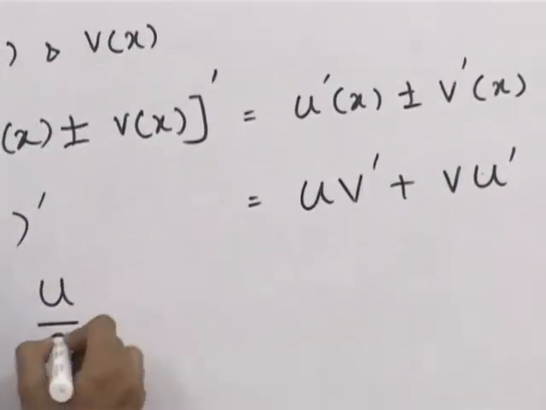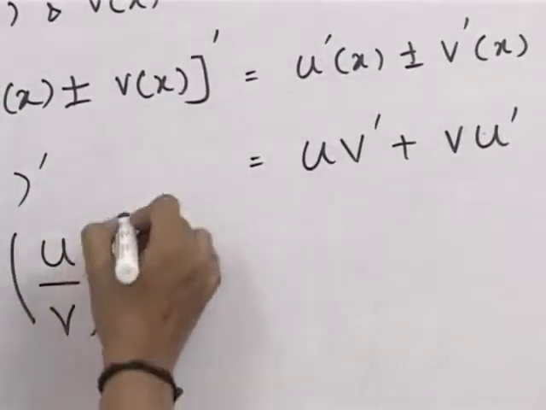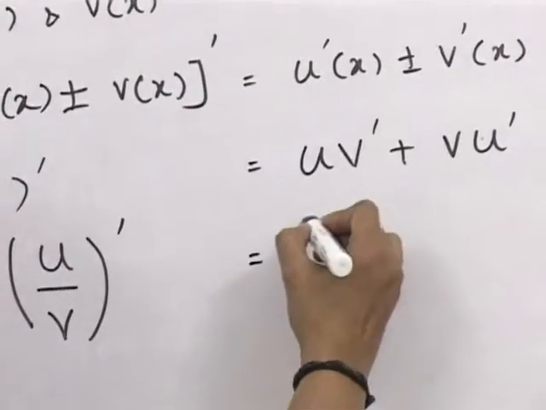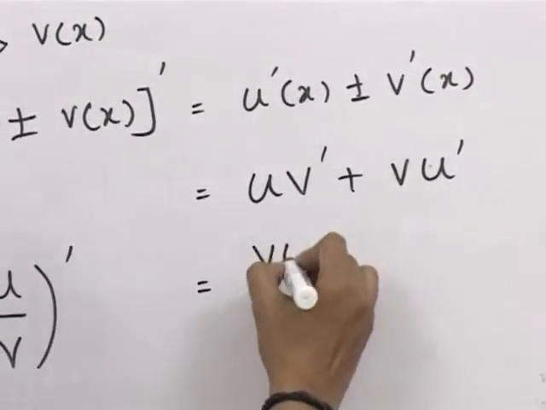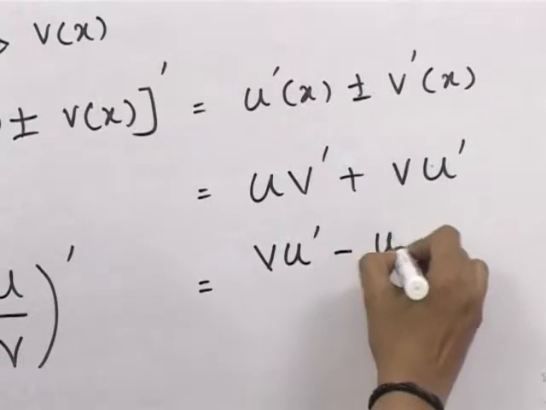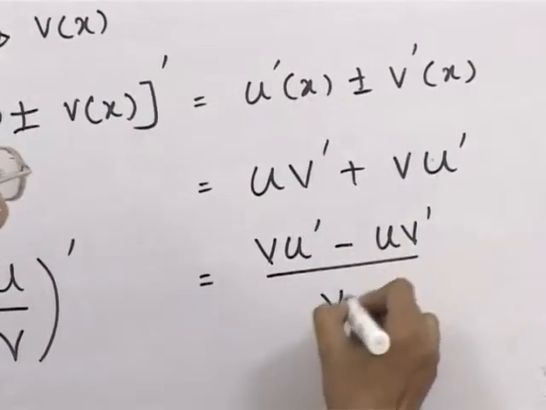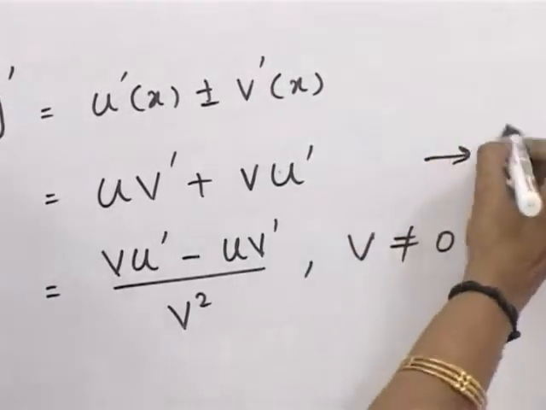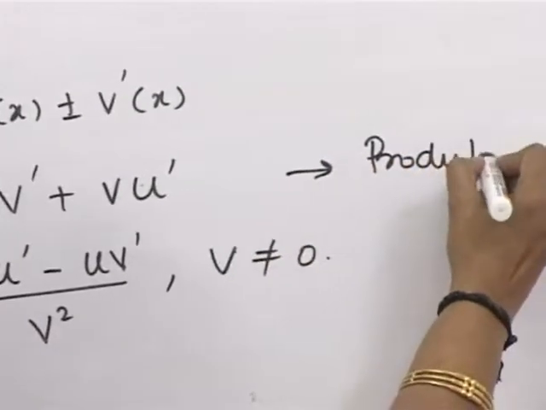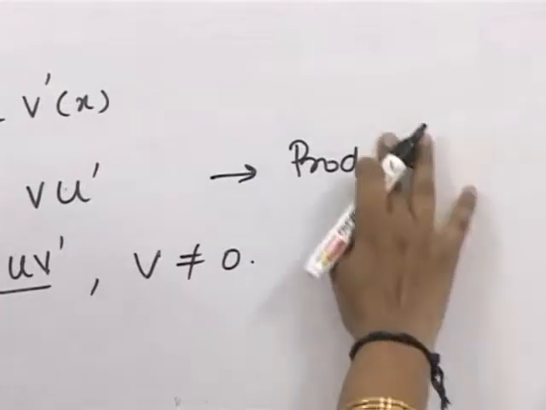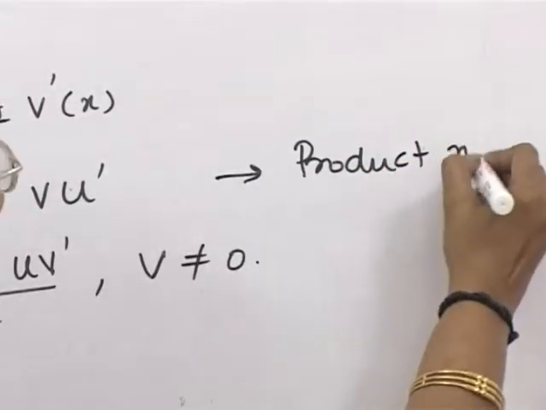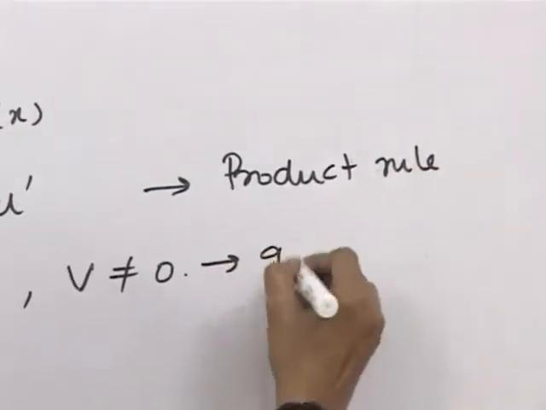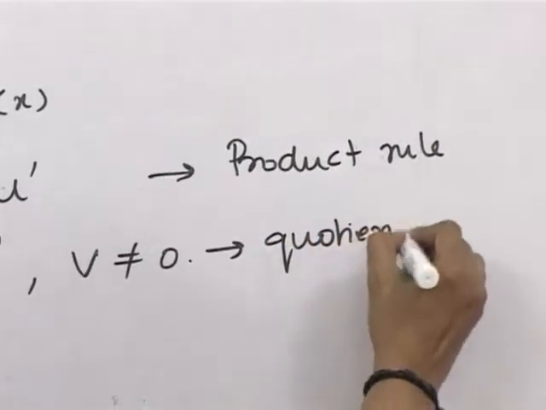Now if we have the quotient u by v, the derivative of this is given by [vu' - uv'] divided by v square, provided v is not equal to 0. Now this is called the product rule due to Leibniz, and this is called the quotient rule.